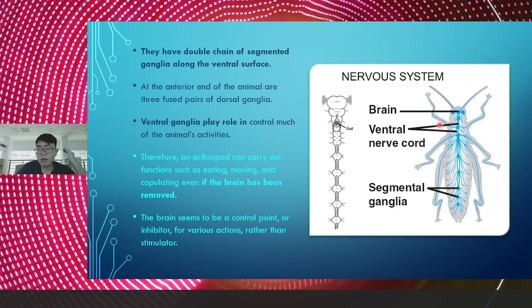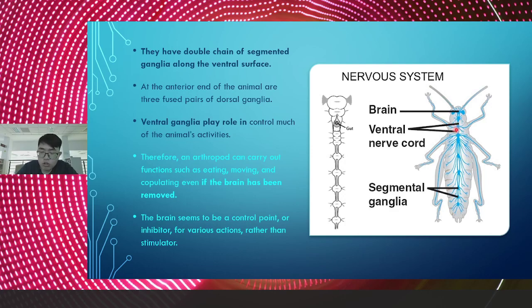So even if you cut off their head, they can still move. They will not die immediately. Why? Because of the ventral nerve cord. So if you want to make them die, you have to destroy this cord, this nerve, not the head.